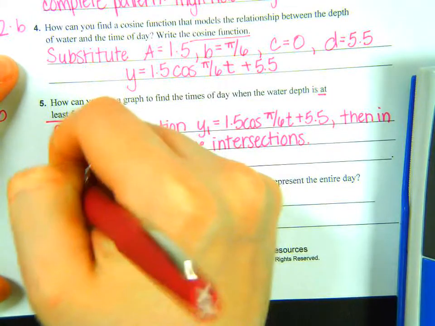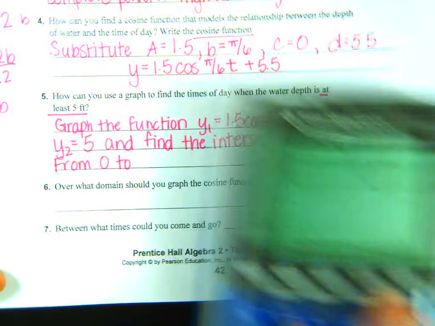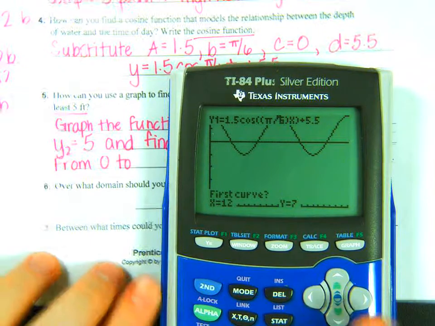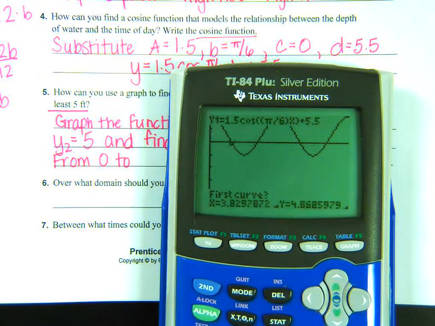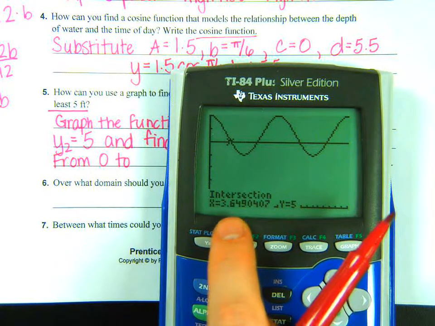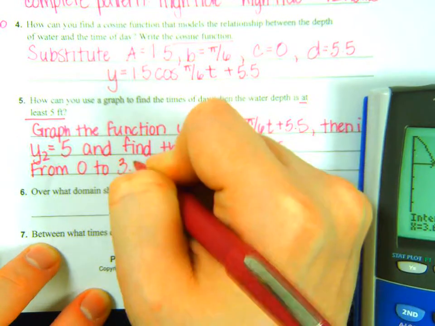So on my paper, I'm writing from 0 to, and now I'm going to find that other intersection. So I'm moving over to the left so that it goes over to where it first intersects after 0. So this intersection is 3.65, so 3.7 or so.